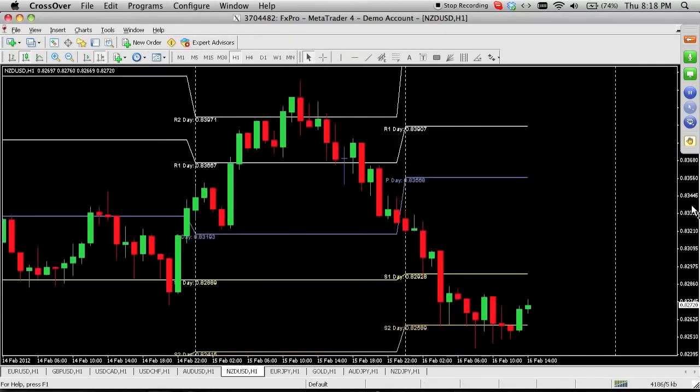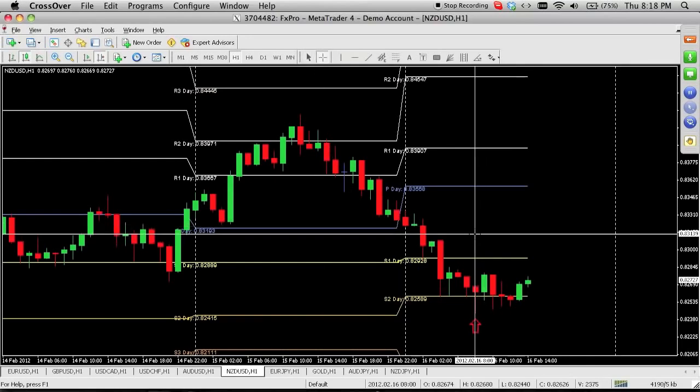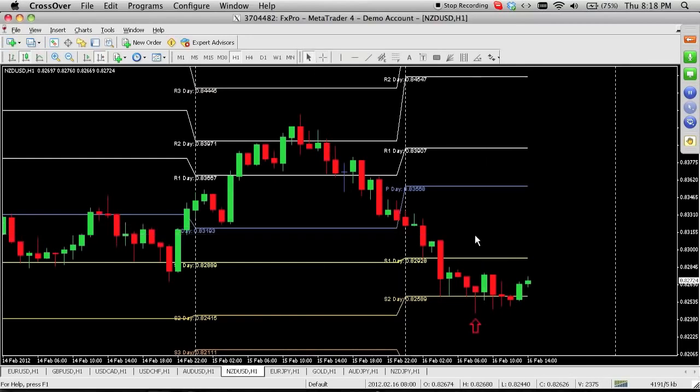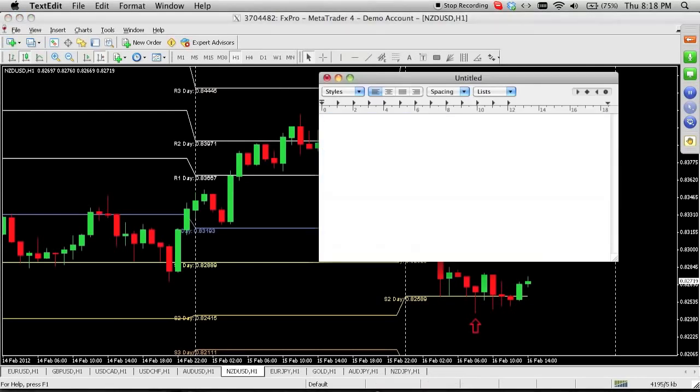Now, I believe it was New Zealand dollar that we were looking at today. Take a look at this. 8 o'clock today, New Zealand dollar, exhaustion created. We're supposed to go long. Now, I get my paper out and I put New Zealand dollar, US dollar, exhaustion.